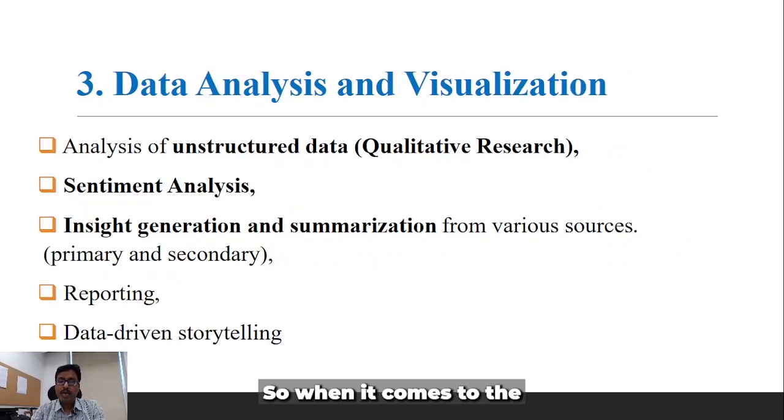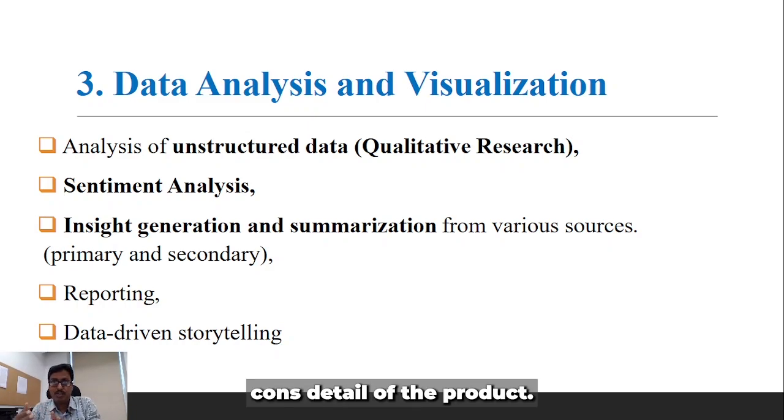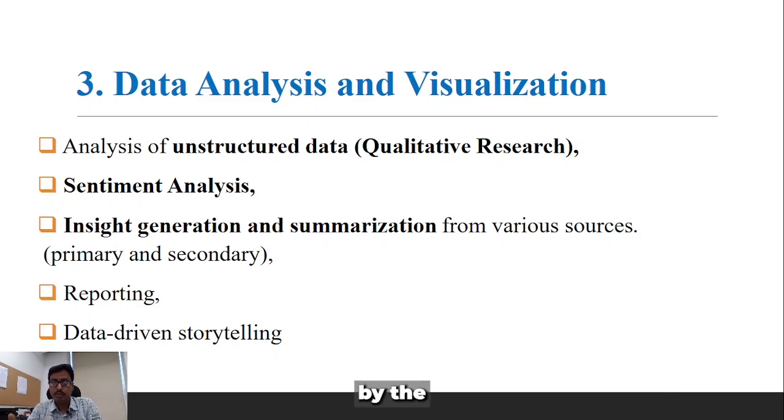When it comes to analysis, we basically have qualitative analysis and quantitative analysis. When you fetch data like remarks, unstructured data, and reviews, you can do qualitative analysis. Or maybe you collected data on the pros and cons of a product. We can see what comments the reviewers used to describe the product as a con or a pro.